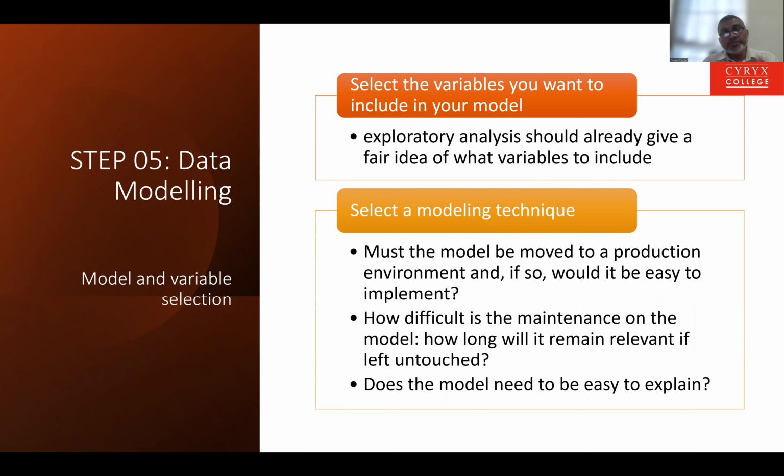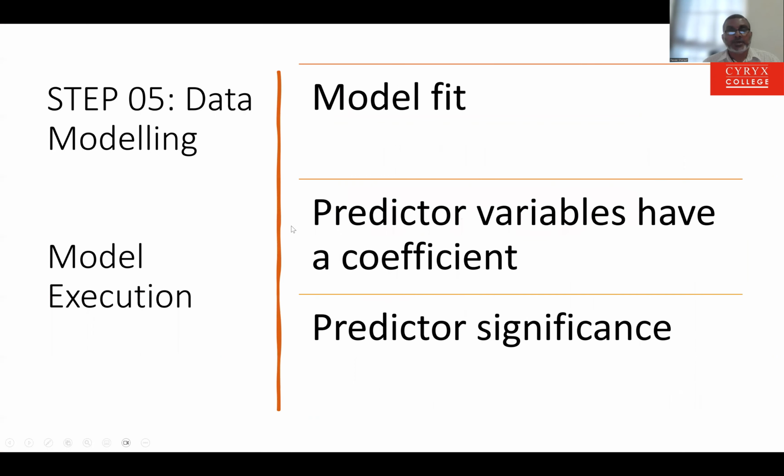So based on any of these, we can identify what are the more dominant variables, what are the variables that will have the least effect, so that we can come up with only the variables that we want, that will give you a reasonable model for us. So once you identify those, then we can select what modeling technique. Again, we are going to go into more details on the different modeling techniques.